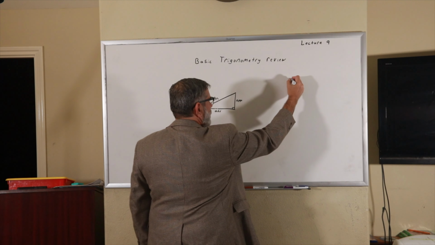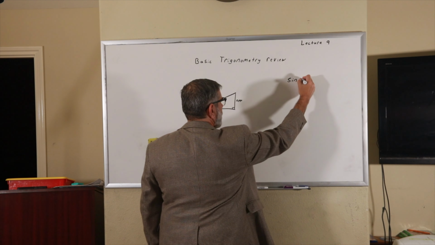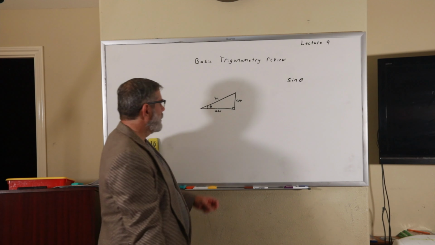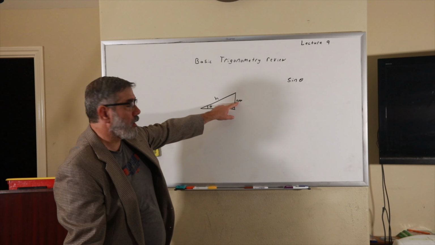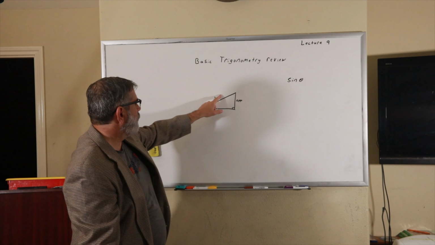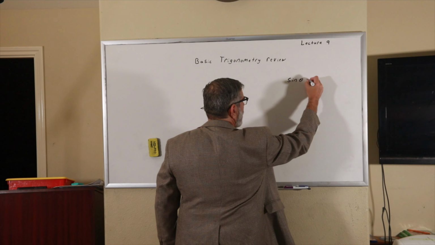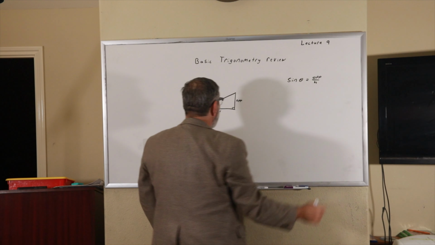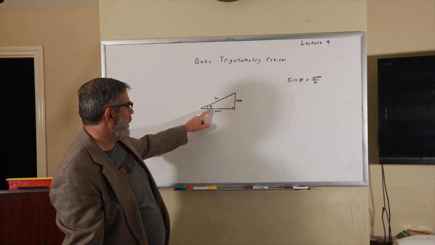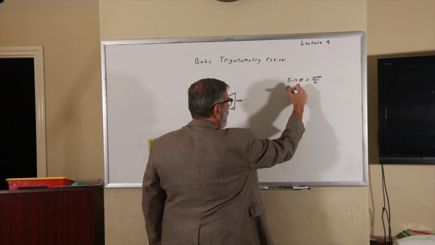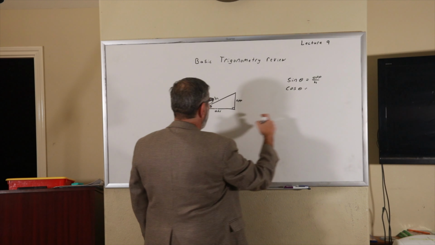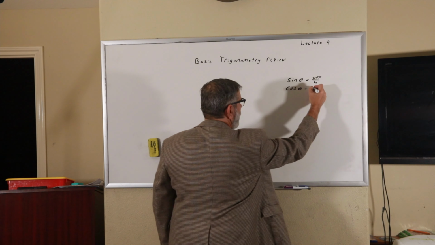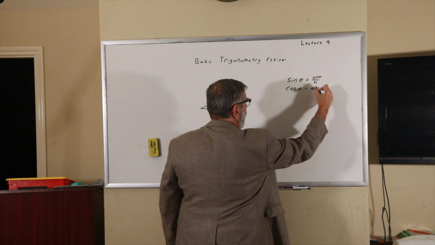And we can define some special functions. The sine of theta we'll define as the ratio of the opposite side over the hypotenuse. The cosine of theta we'll define as the adjacent over the hypotenuse.